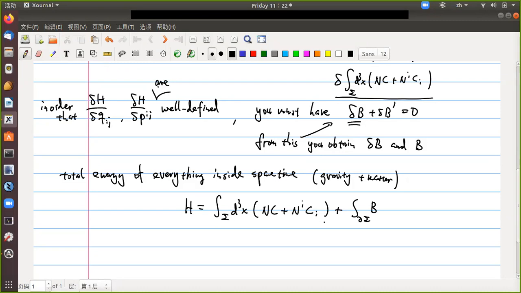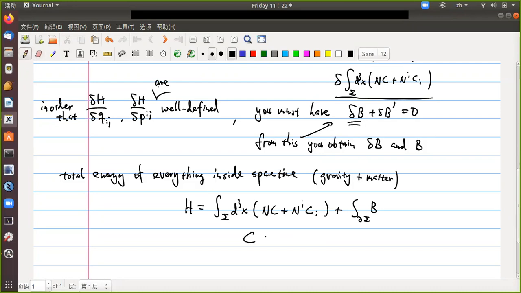When we derived this formula before, we only considered pure gravity and didn't take matter into account. But even if we consider all kinds of matter coupling, this expression is not going to change. The only things that change if you couple matter are the expressions of the Hamiltonian constraint and the diffeomorphism constraint.